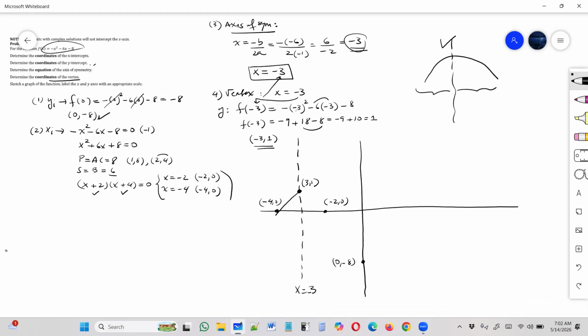So here is one side, and here's the other. Okay? On paper, you would do it a little bit better than that. But this is it. This is all you have to do on the exam. All of these 4 points and the graph to graph a quadratic function, which is called a parabola.